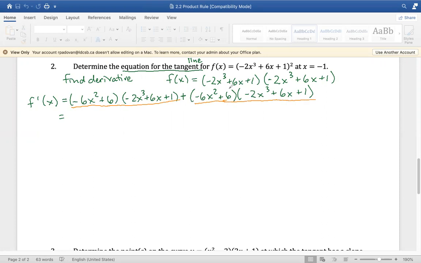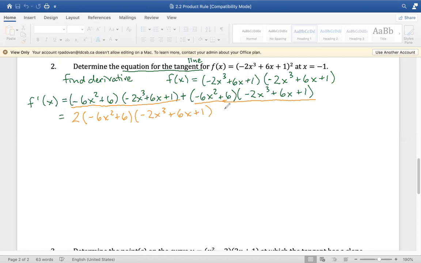So just to make it easier on myself, I can say that that's equal to 2 times negative 6x squared plus 6, times negative 2x cubed plus 6x plus 1. This term multiplied by 2 out in front. So now if it's simplified, at any point you can sub in negative 1. You don't have to simplify as far as you can.